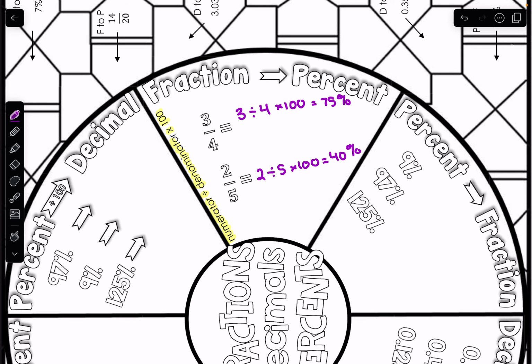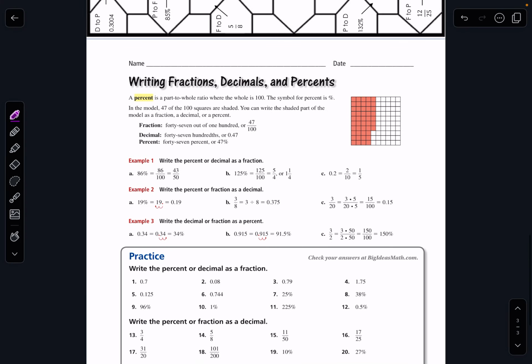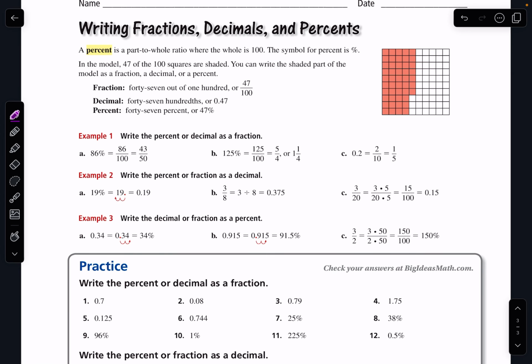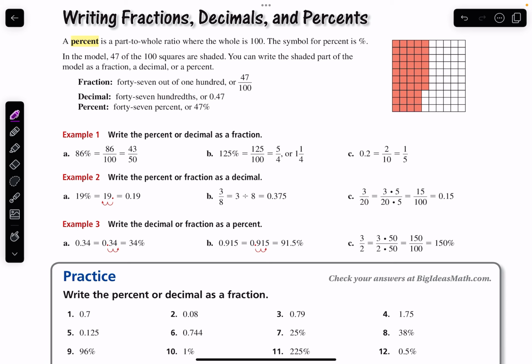All right, I think you can survive. You've got a worksheet that looks like this. The top half of the worksheet is actually a lot of what we just did. It's a little reminder of what a percent, fraction, and decimal are. And then it's examples of converting numbers in case you need more examples.